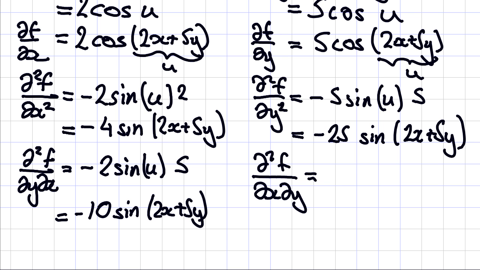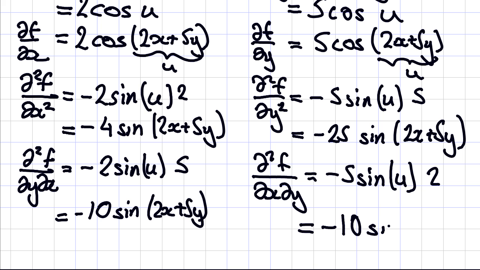That's minus 5 sine u. And now I need d by dx of u, and that's just 2. So I tidy this up, and I get minus 10 sine 2x plus 5y. And again, I check I've got the right answer as my two cross derivatives are the same.